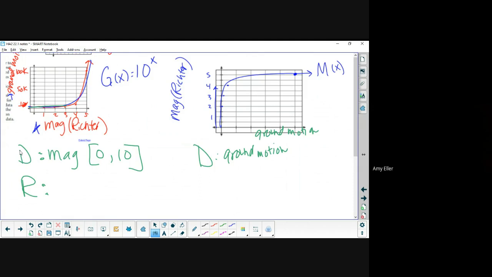The lowest ground motion I would say is 0. Yes, it could go up higher than the scale, but let's stop at what the scale says, which I think was 10 billion. Go ahead and fill in the range for both functions.